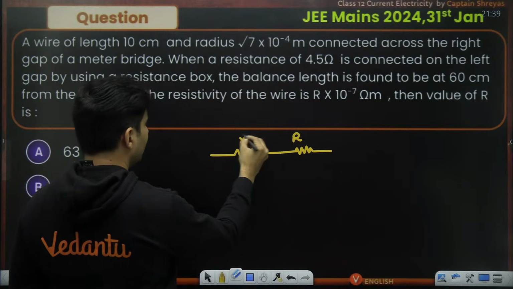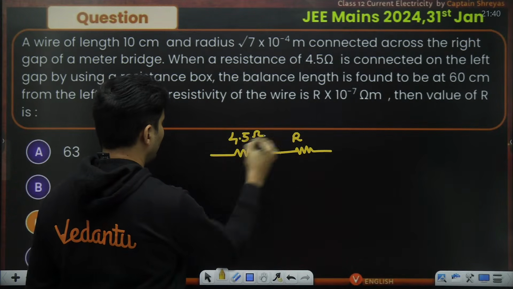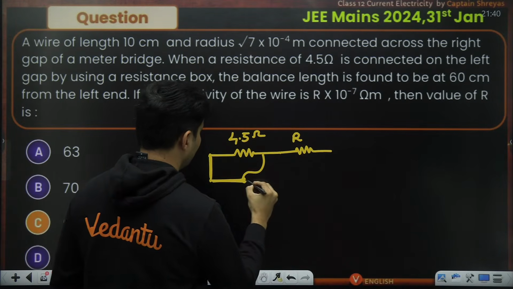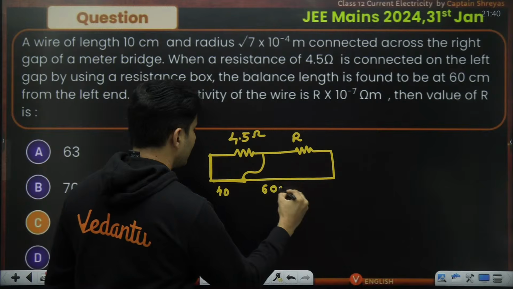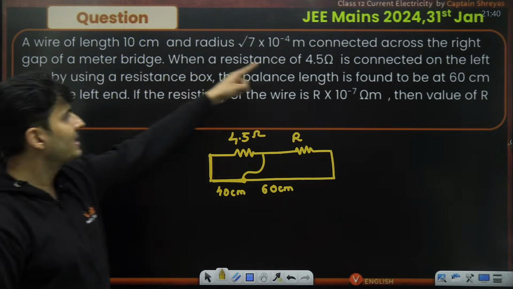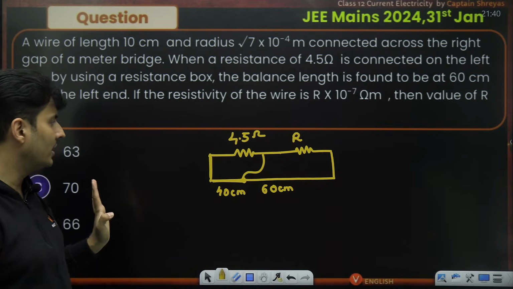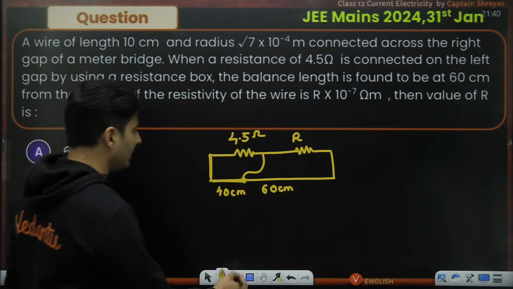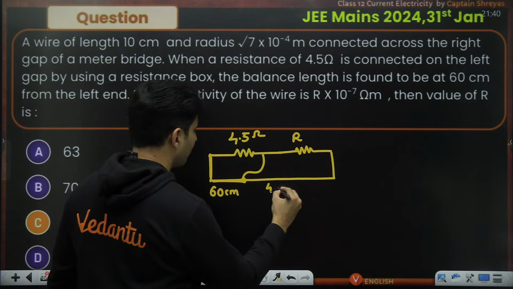In fact, the left gap they had given is 4.5 ohm, and they told that this is 40, this is 60 centimeters. Till this point clear? The left side is 4.5, the right side resistance is not given to me. Balancing length was 60 centimeters, my bad. Balancing length was 60 centimeters.